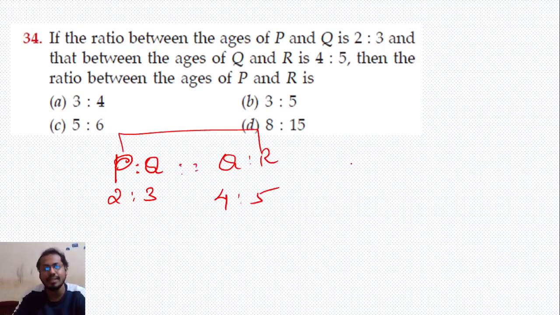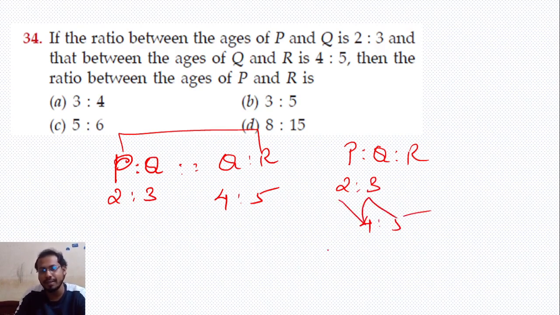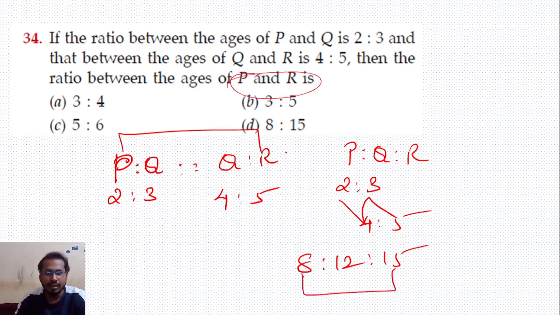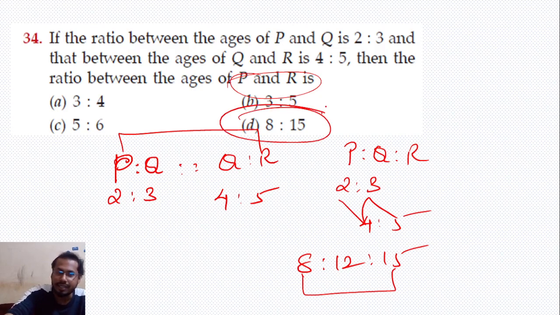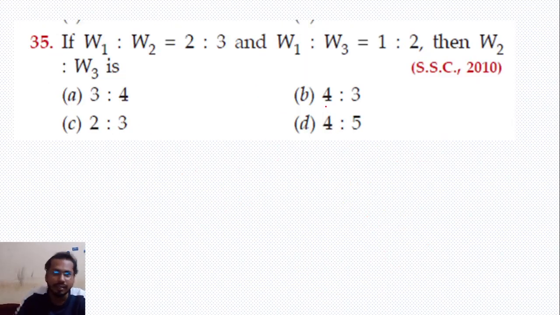So just write P is to Q is to R. So P is to Q, 2 is to 3, Q is to R, 4 is to 5. Just zigzag multiplication. 4 2 times 8, 4 3 times 12, 5 3 times 15. So they want between the P and R. So 8 is to 15 is the right answer. Option D. Right. Next question.